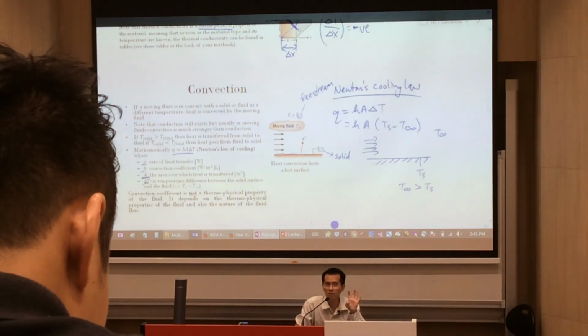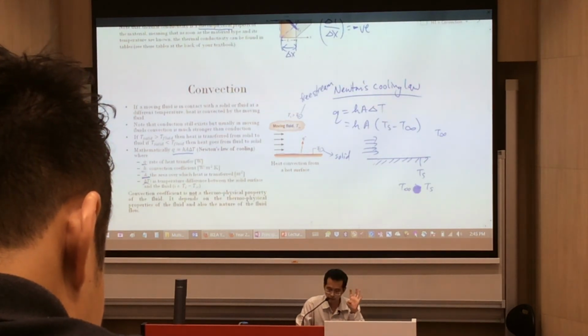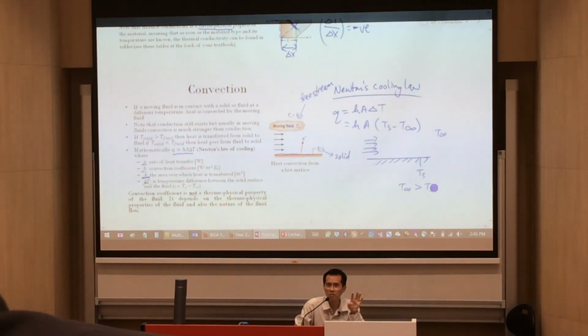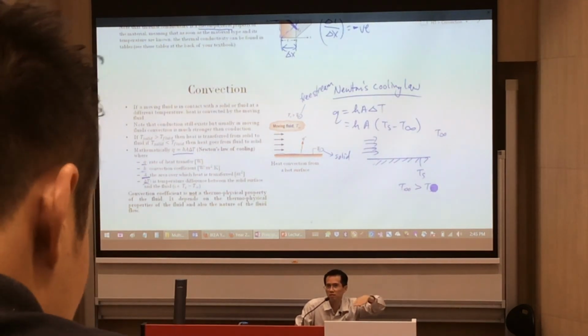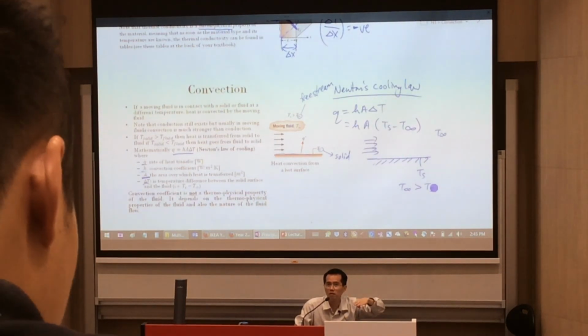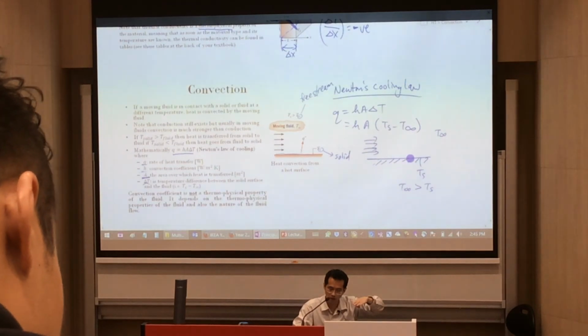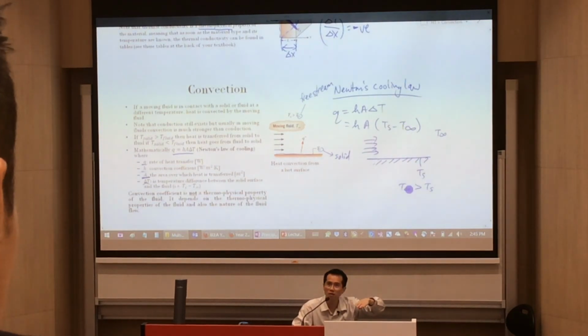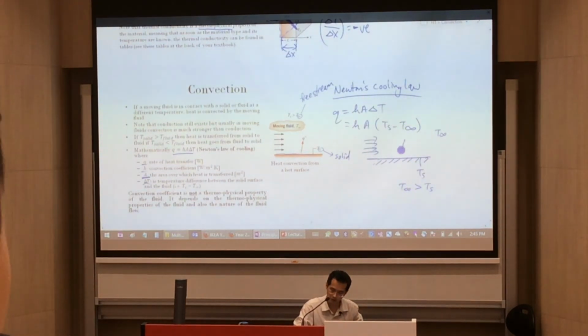Now what does that mean to you? T infinity greater than Ts means that your surface is actually colder than the ambient. If your surface is colder than ambient, where do you think heat is transferring? Upward or downward? It's going to transfer downward. That's the direction for heat.